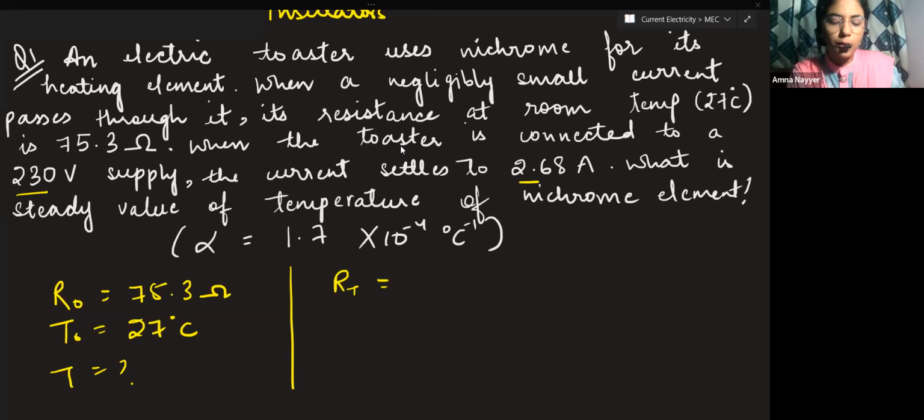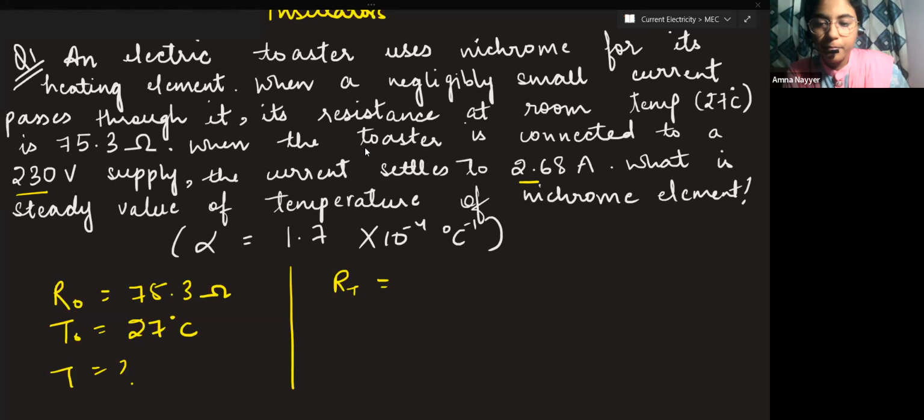How did you calculate the resistance at room temperature, Hamza? Yes, Hamza? Okay, Kulsum.